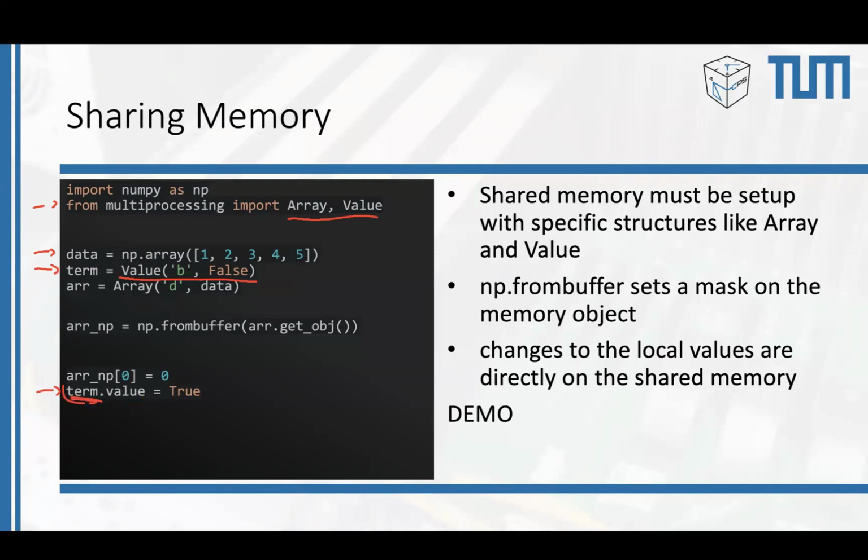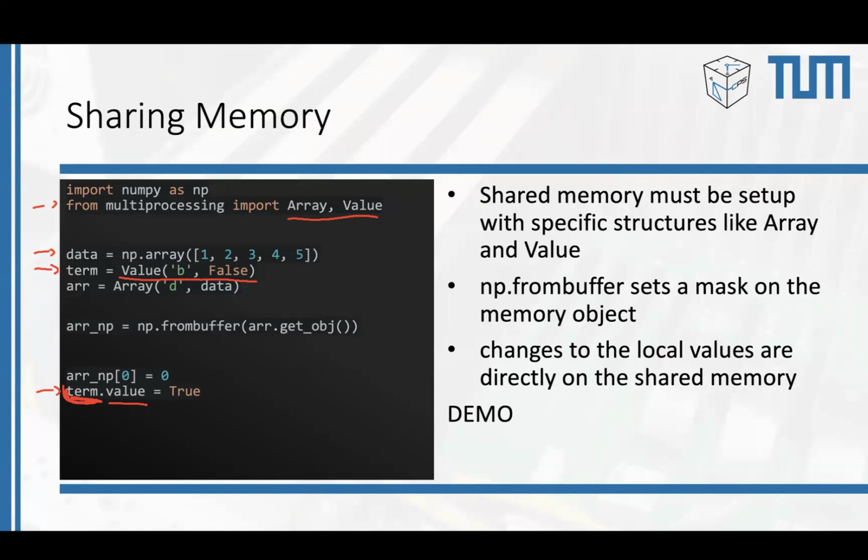So I pass the name, which is basically a pointer to memory, and then I can access it with .value, and I can change its value in the shared memory. If I change it from one process, I can access it from another process and check its value.